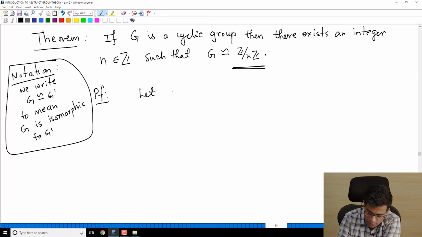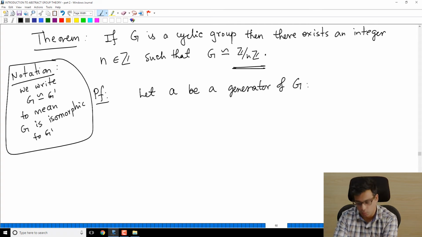Let a be a generator of G. Remember, G is a cyclic group. That means it is generated by a single element, right?